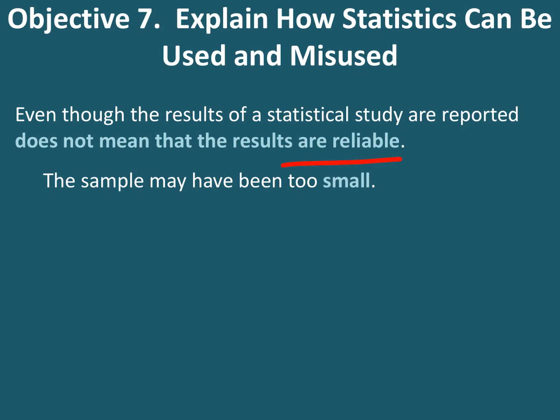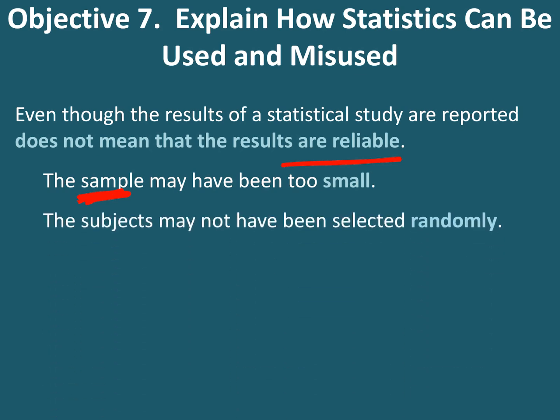What if the sample they provided was way too small? What if the subjects may not have been selected randomly? And finally, probably the worst way of doing a study, what if they took the results and misinterpreted them, either purposefully or accidentally? Either way, it's terrible. The whole statistic is destroyed.